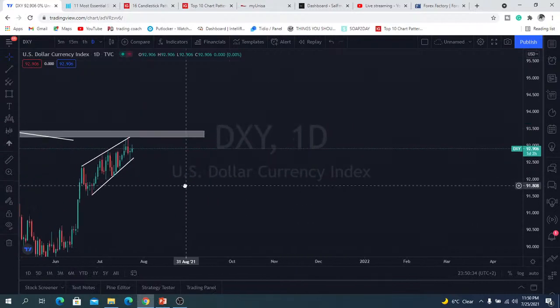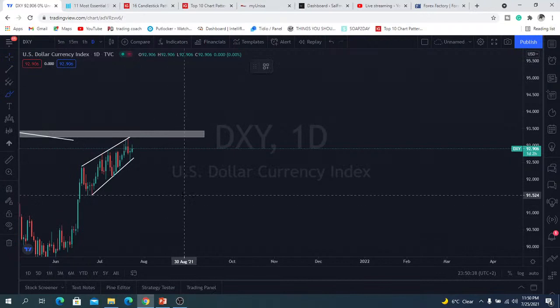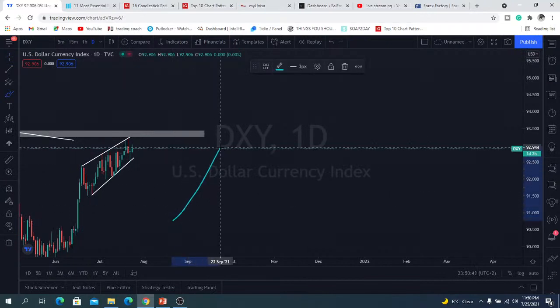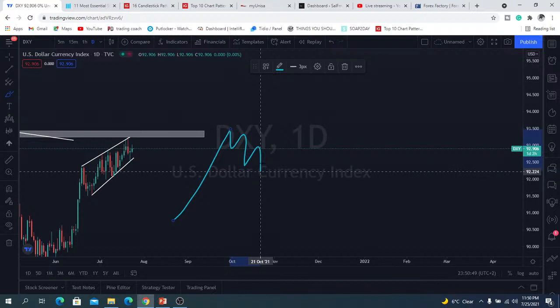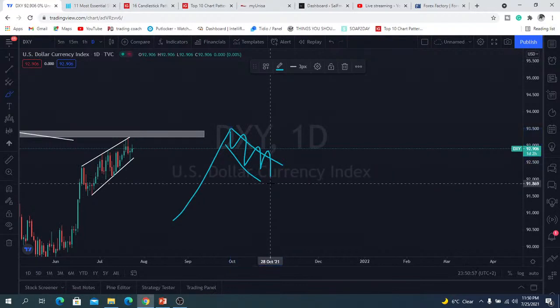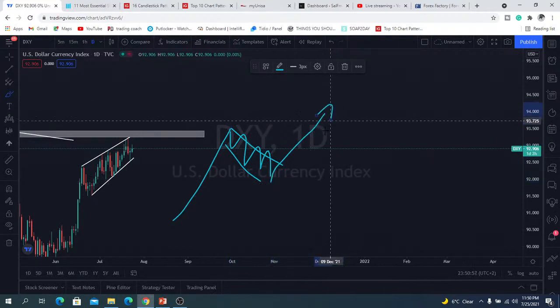This is how our reversal works. Let me show you some things that me and my team talk about. When we have an impulse move to the upside, the right correction needs to be this way. If the correction is this way, then we are certain that it will continue going up.